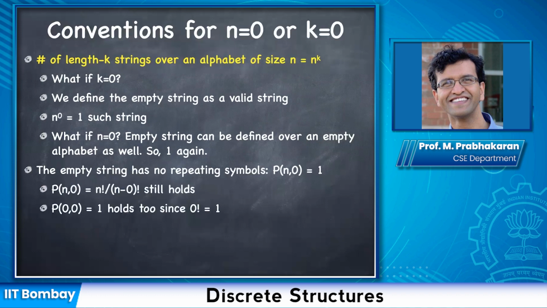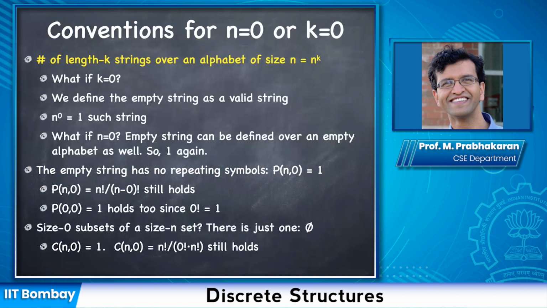What should P(0,0) be? Again, there is one string, the empty string, and we allowed it to be called a permutation. So P(0,0) should also be 1, and the formula again fits that because this will be 0 factorial divided by 0 factorial. We already talked about this, the size 0 subsets of a size n set. So C(n,0) is 1, and again the formula fits that, and similarly C(0,0), again the formula fits.